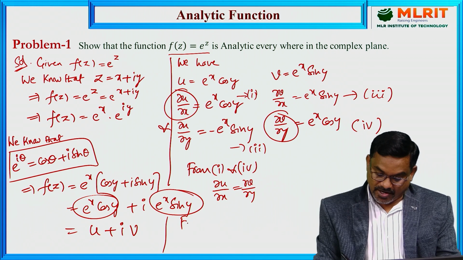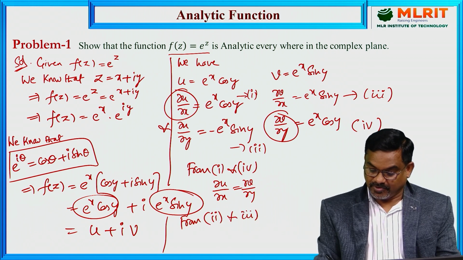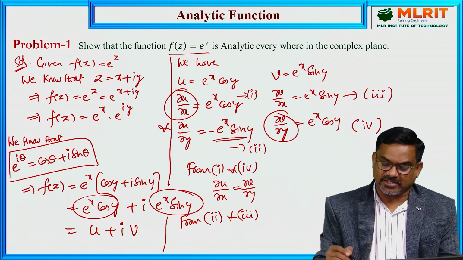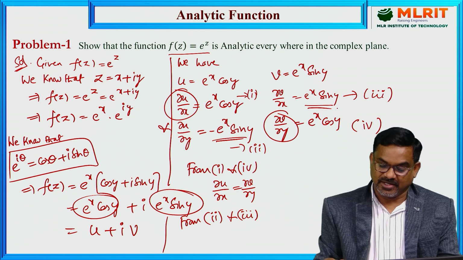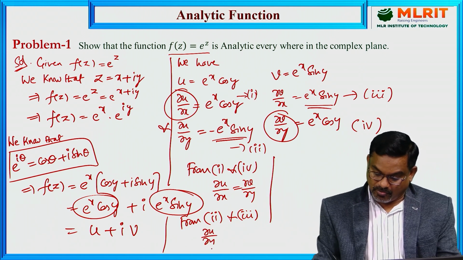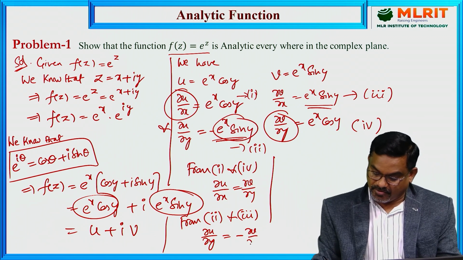And from 2 and 3, you see here, 2 is ∂u/∂y equal to minus e^x sin y, whereas 3 is ∂v/∂x is e^x sin y. So, from 2 and 3, ∂u/∂y is minus of ∂v/∂x.